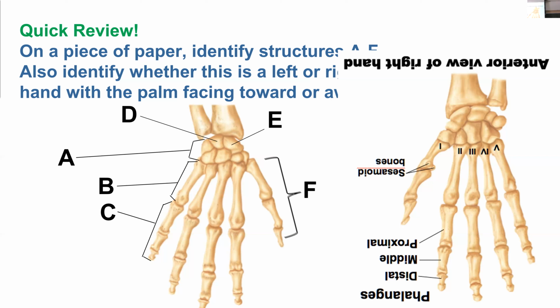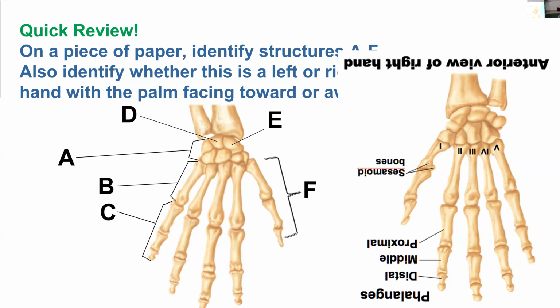And you can see that process here a little bit better defined from the posterior view than from the anterior. You can see it's kind of back there. You can also see the metacarpals here extend further towards the palm from the posterior view than they do from the anterior view. And that's just because of the shape of that joint between those metacarpals and the carpals. You can tell that way.